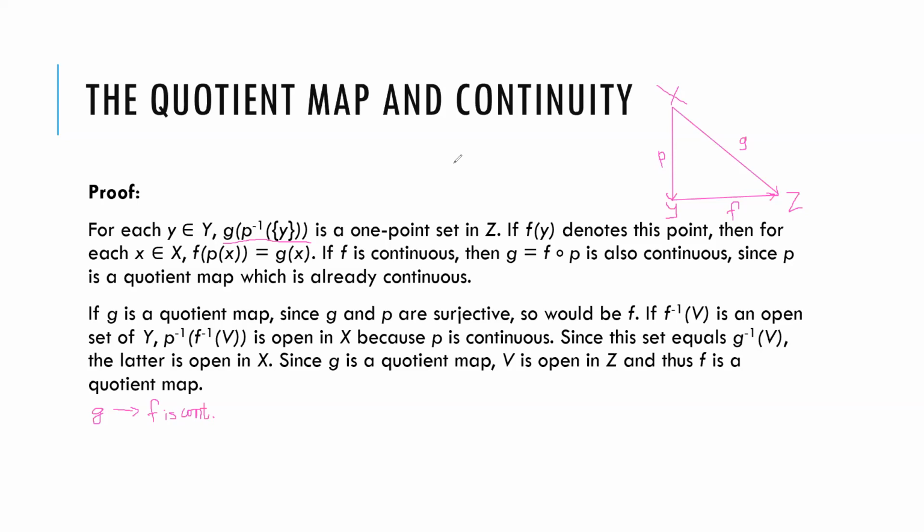I'll try that. So you can go with G inverse of U equals F inverse of P inverse. Oh wait, yeah, that's exactly like the statement I need.